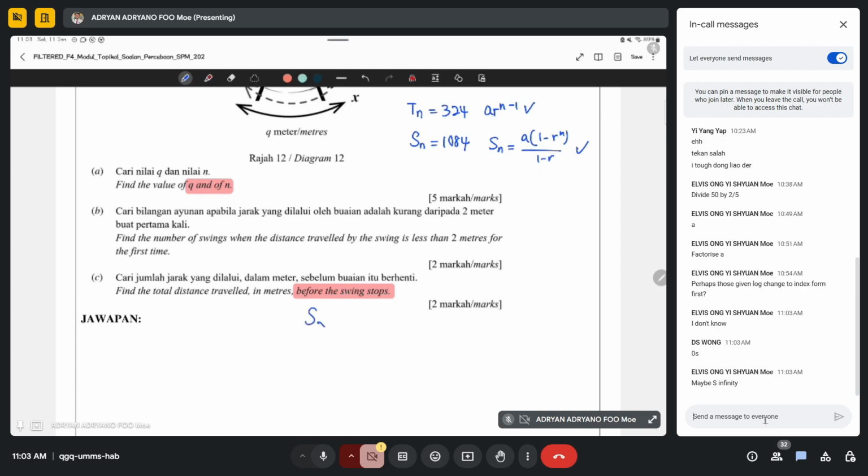Therefore, here we would use sum to infinity, S infinity. Because we do not know when it stops, we use S infinity. Unless it gives you more than 2 marks, saying find when the swing stops at which swing, and thus find the total distance, then you would use Sn. But usually for a swing or bouncing like this, you do not know when it stops, so using S infinity is enough. Because only 2 marks. So S infinity, the formula is A over 1 minus R. Okay? You use the formula.